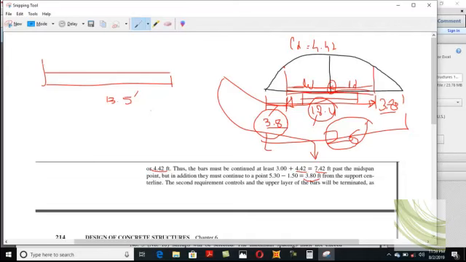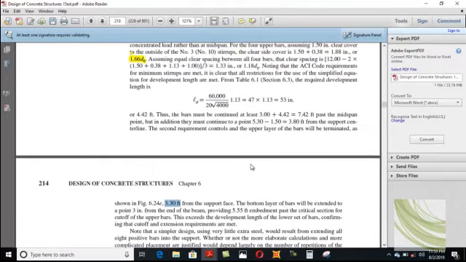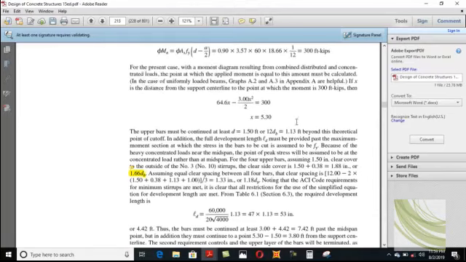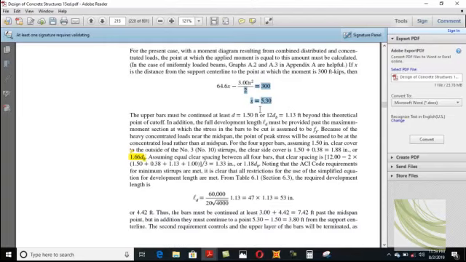So what do we get? 5.30. That is our theoretical cutoff point. Okay, this is our theoretical cutoff point. So subtract this 1.50 from 5.30. I think so. It gives you 3.8.